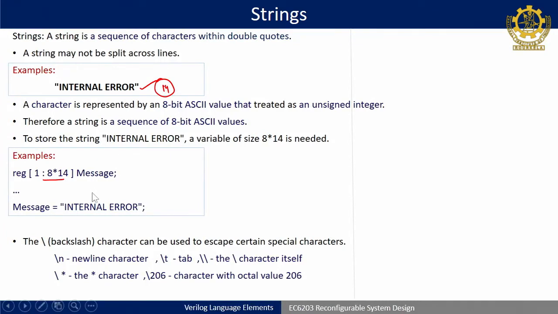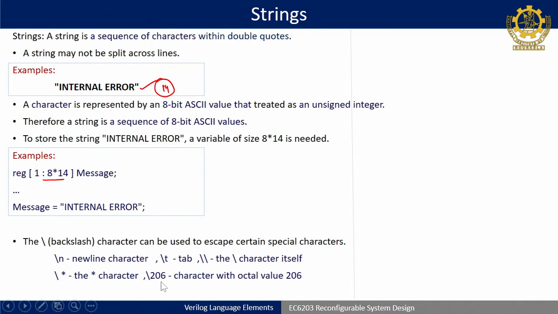Next, you can use the backslash character to escape certain special characters. If you use \n, it will be treated as a new line, this we know. \t is tab, and \\ you can use, in which case the slash itself becomes one character. \* you can use for the star character.